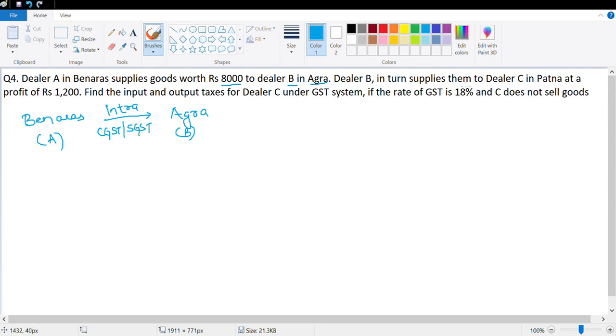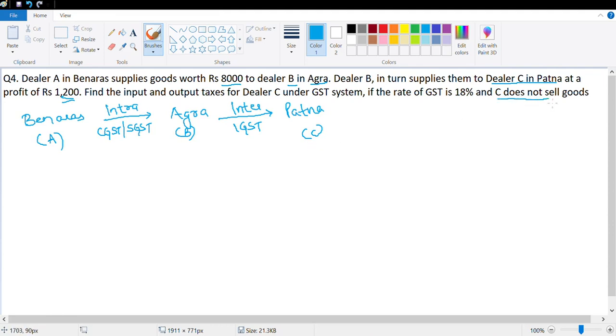Dealer B in turn supplies them to dealer C in Patna, which is in Bihar, which means what we have here is an interstate. This is IGST and this is dealer C. At a profit of 1200 rupees, find the input and output taxes for dealer C under the CGST system.